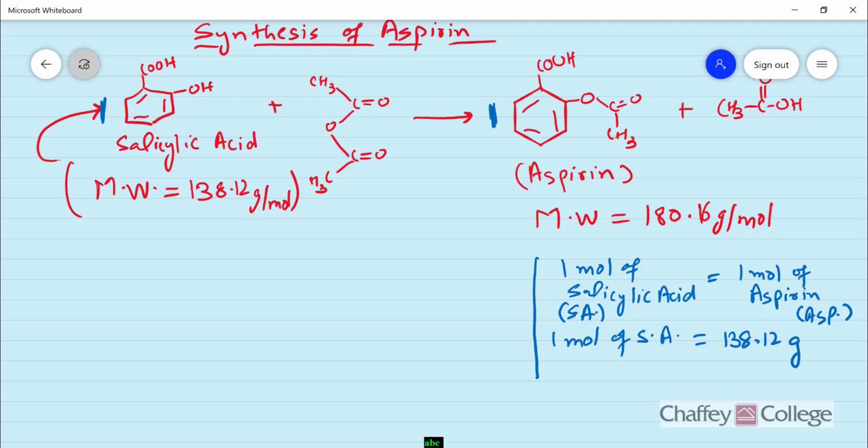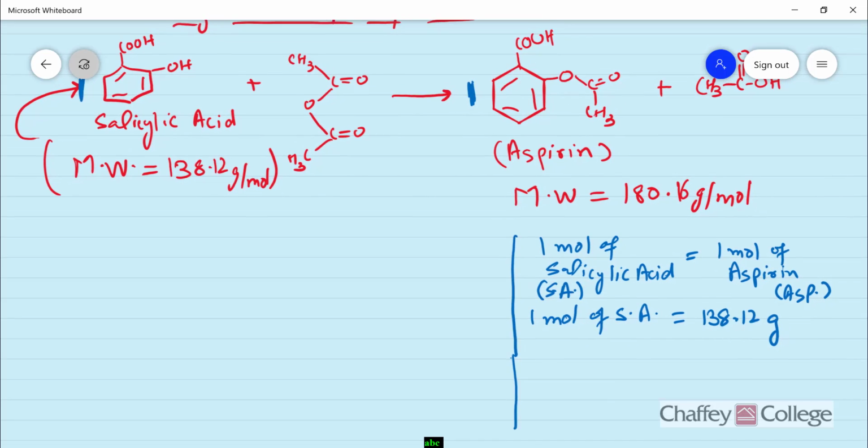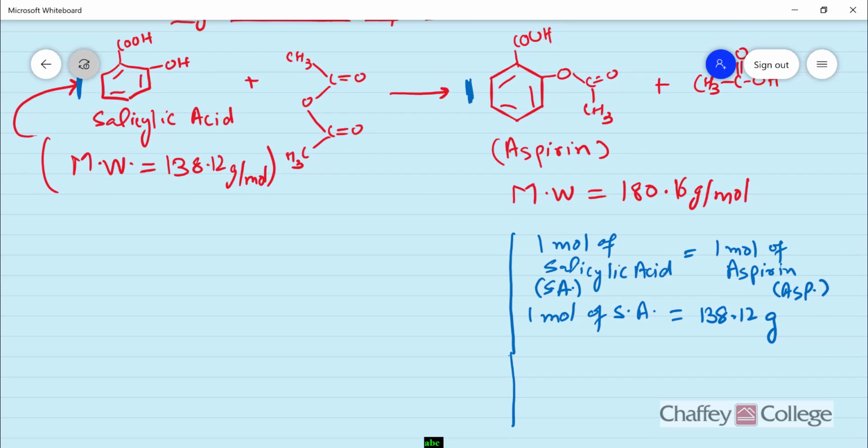So these are all mole calculations and we are already aware of this one. Similarly, we can calculate the mole relationship for aspirin. 1 mole of aspirin is equal to 180.16 grams of aspirin.